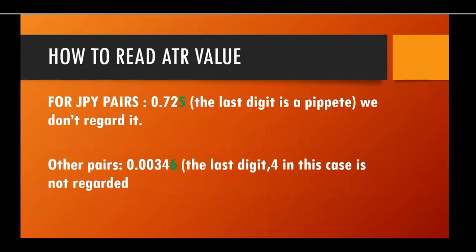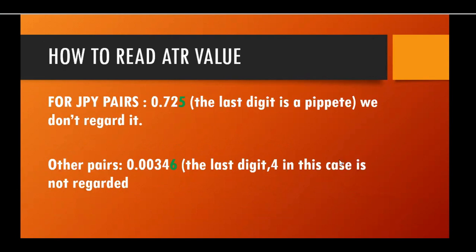So how to read the ATR value? How do we read the value that the ATR represents? For JPY pairs, we usually say this: you see 0 point, then after the 0 point, you have 3 values. It could be 0, 1, 2, or whatsoever. But one thing you must know is that the last digit is a pipette, so we don't regard it.